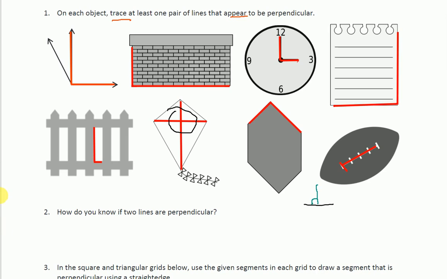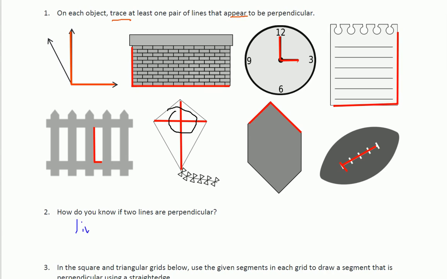And number 2 says, what's all number 2 saying? Number 2 says, how do you know if two lines are parallel? Well, we know two lines are parallel if they, what? What do we know? They're perpendicular if they make a right angle. So that's our answer.